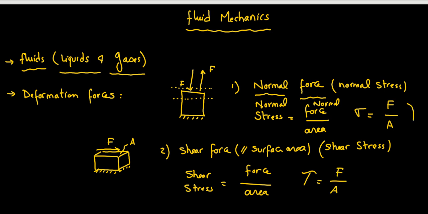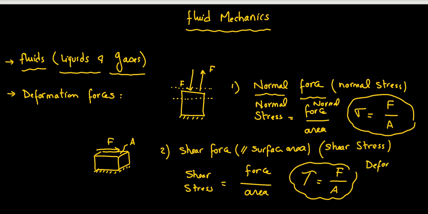The normal stress will result in deformation by compression or expansion or stretching, while tau, the shear stress, will lead to a deformation. The difference between the cases is the relationship between the force and the area. In the normal stress case, the force and area are perpendicular, while in the shear stress case, the force and area are parallel to each other. This just gives you some idea about the different forces here.